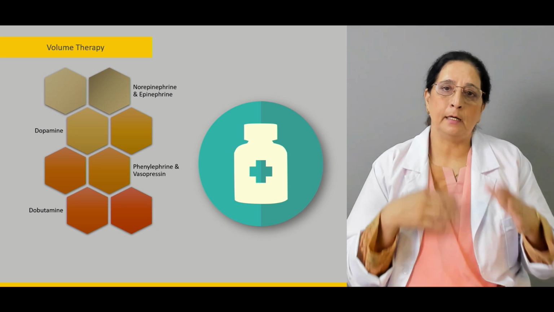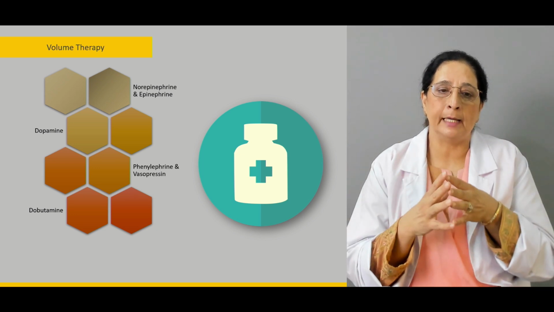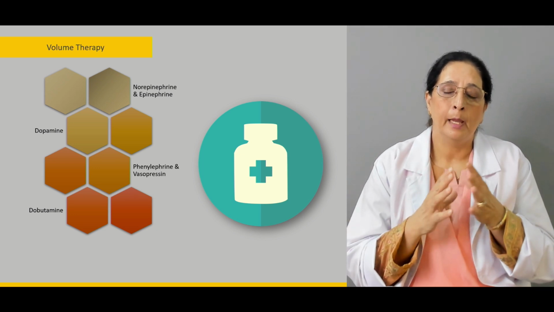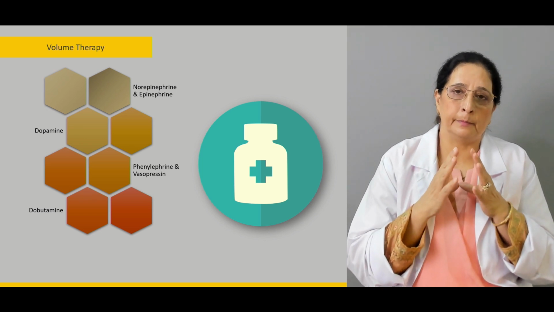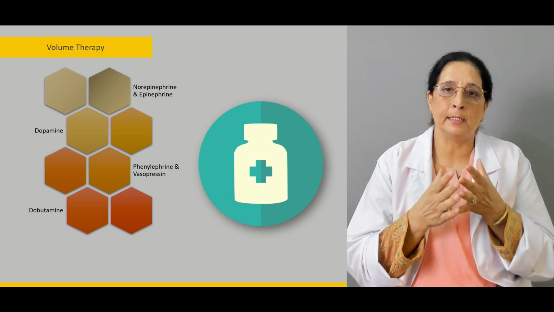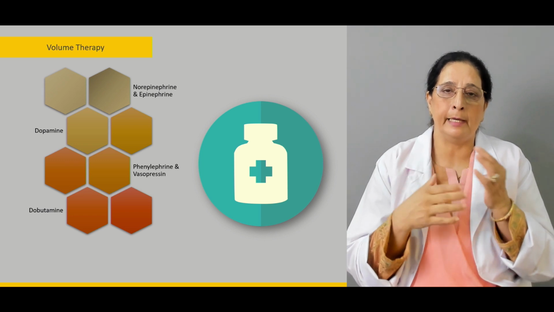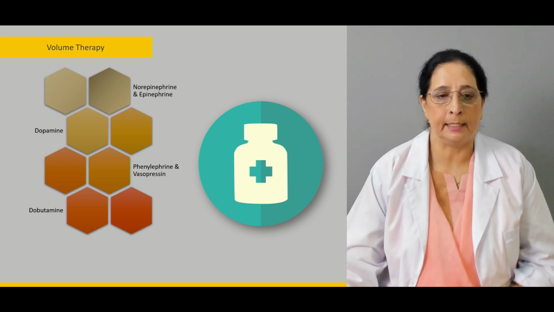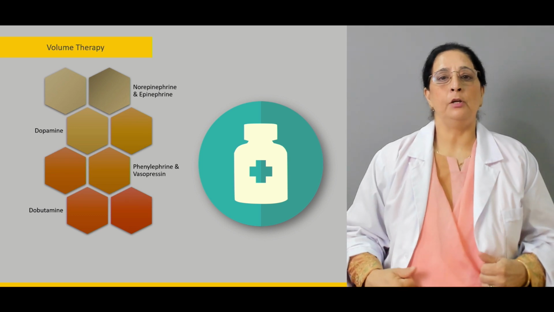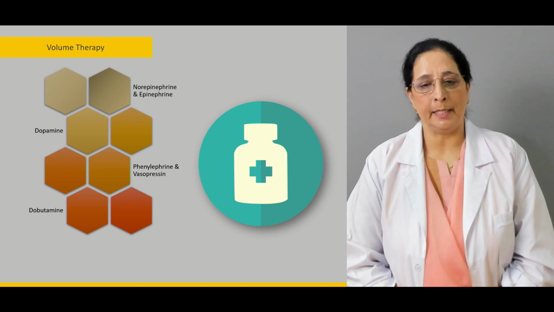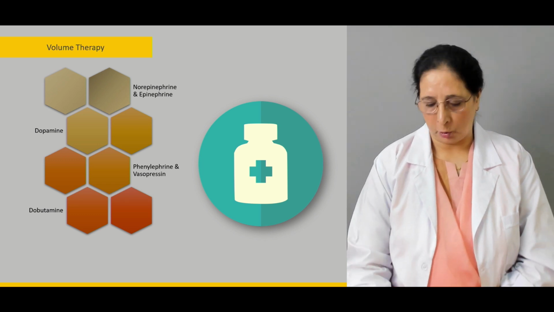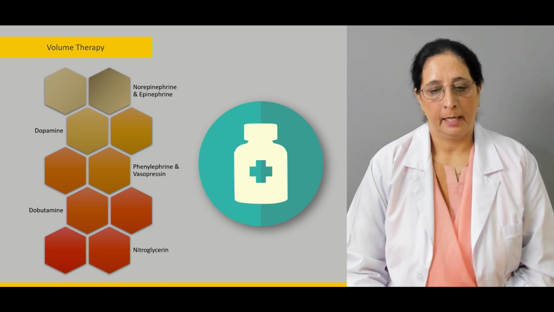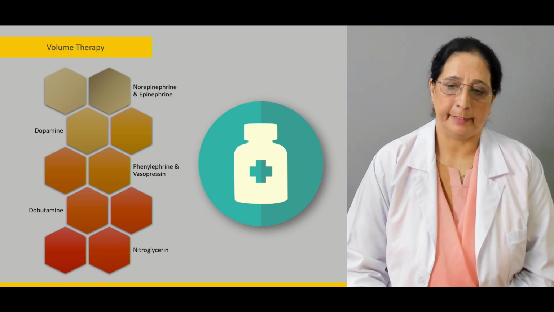So all these are the different drugs that can affect the volume by changing the blood vessel sizes and by increasing the contractility. So epinephrine, norepinephrine, dopamine, phenylephrine and vasopressin and dobutamine, and nitroglycerin.